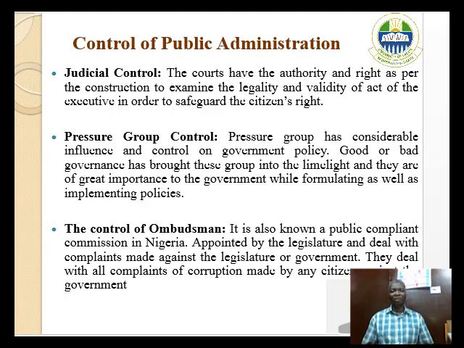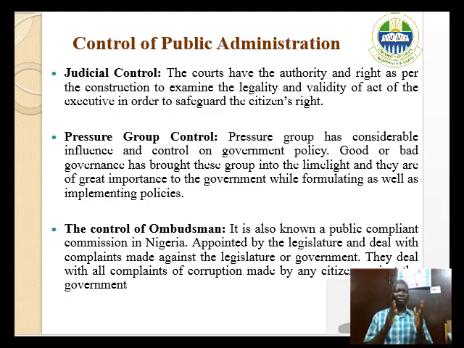However, we need to look at the controls of public administration. Like any other organization or any other part of government activities, it has to have control by some certain body. We look at the judiciary control, then the pressure group control, and the control of the ombudsman.